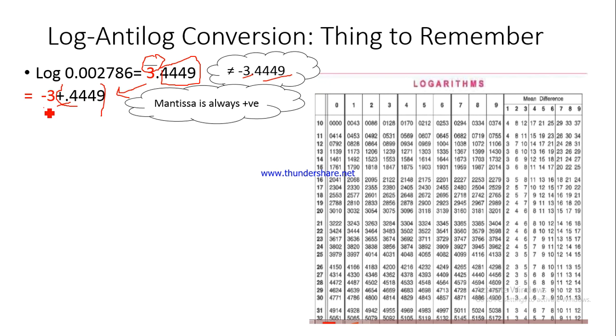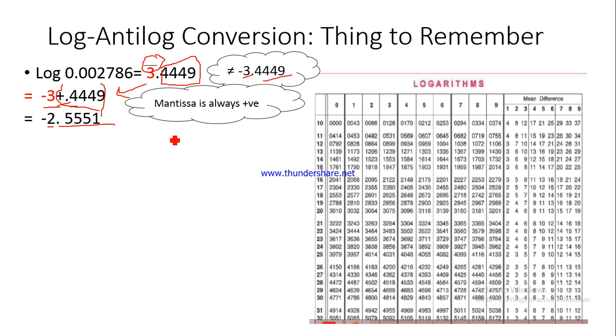And when I do the calculation, minus 3 plus 0.4449, it becomes minus 2.5551, which means here, since the minus sign is here, this portion is also minus and this portion is also minus. This is fine. Please remember this discussion that we are having today, because otherwise there might be questions like this and you might not be able to arrive at the correct solution, right?